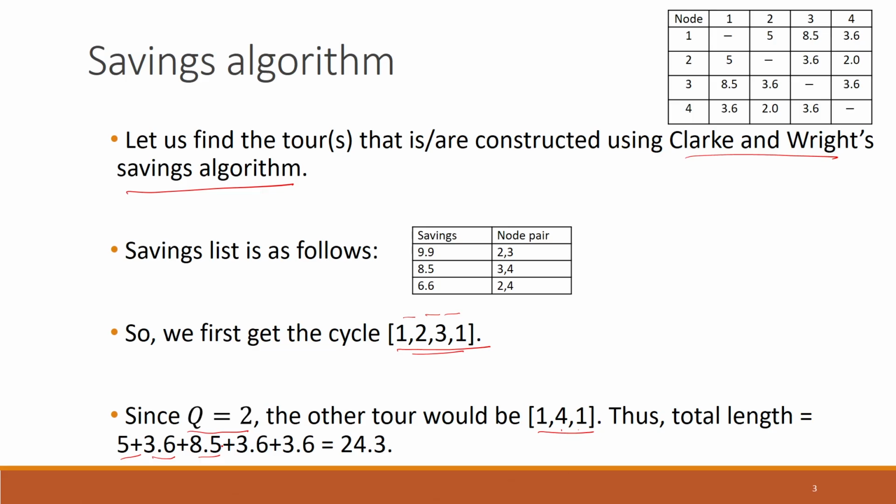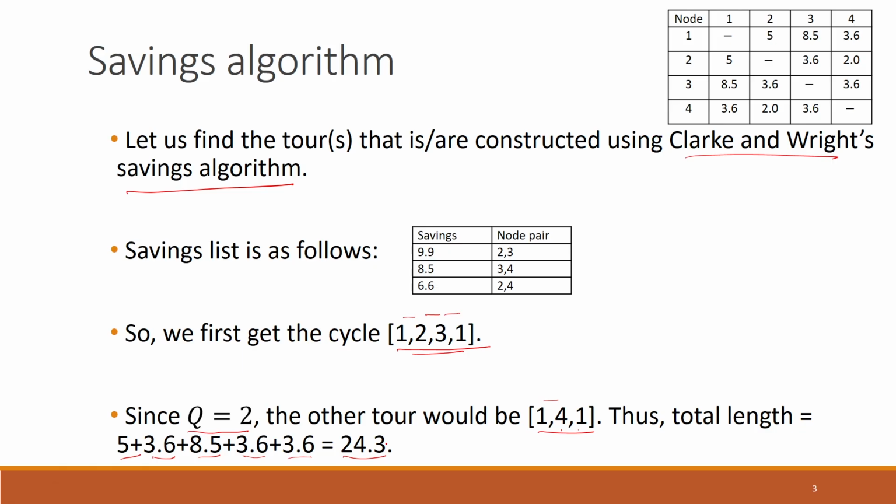Then we add the distances to go from node 1 to node 4 and back from node 4 to node 1. So this is the total length that we get for these 2 tours, which is 24.3 units. With this we end the discussion on the savings algorithm.